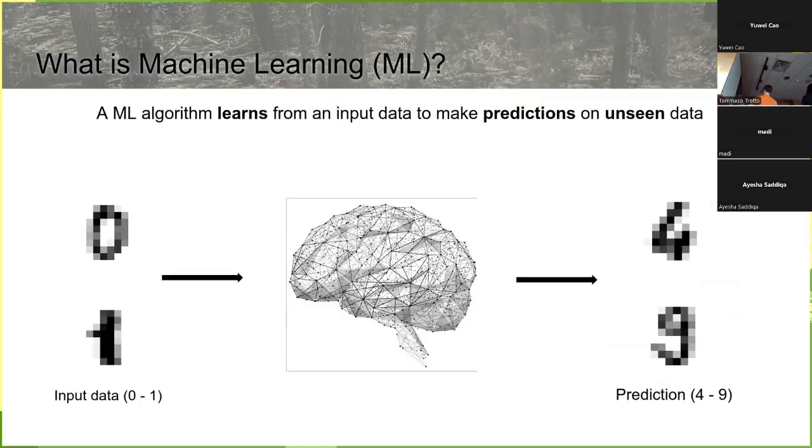This is a simple visualization of what it ultimately entails: learning from input data, in this case represented by a combination of two images, a 0 and a 1, fitting it to an algorithm that makes a certain number of decisions about this input data, and then predicting a corresponding output.